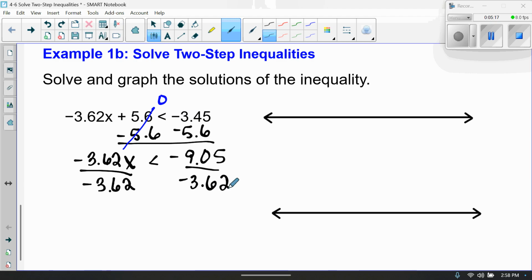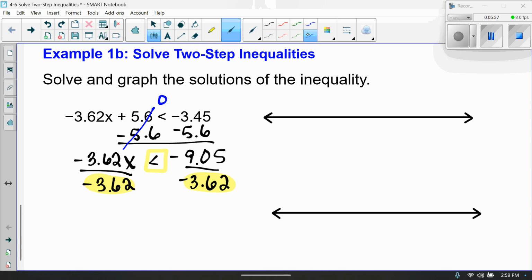A negative number, right? I'm going to highlight it. We divided by a negative number. So what does that mean that we have to do to that inequality? We need to flip it, right? So you're right. Yes, we're going to flip the inequality symbol.